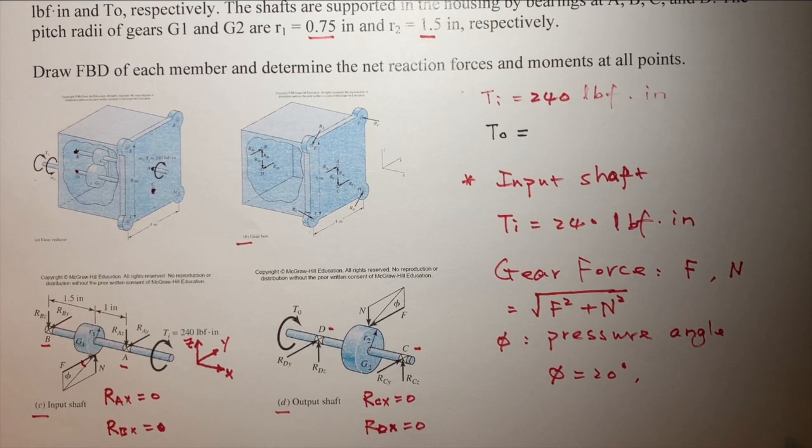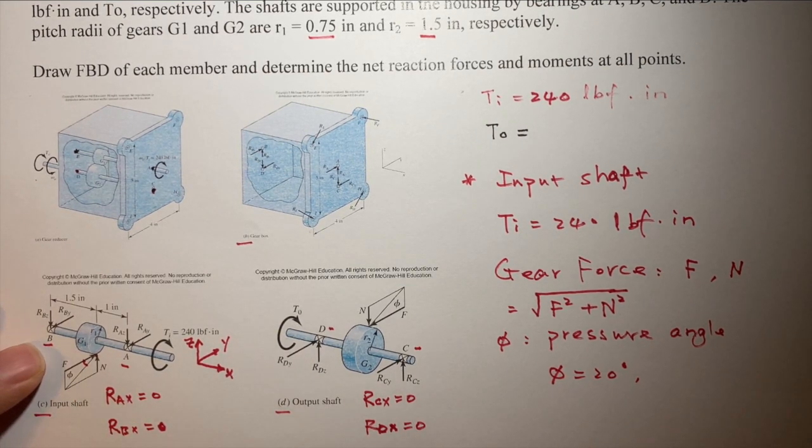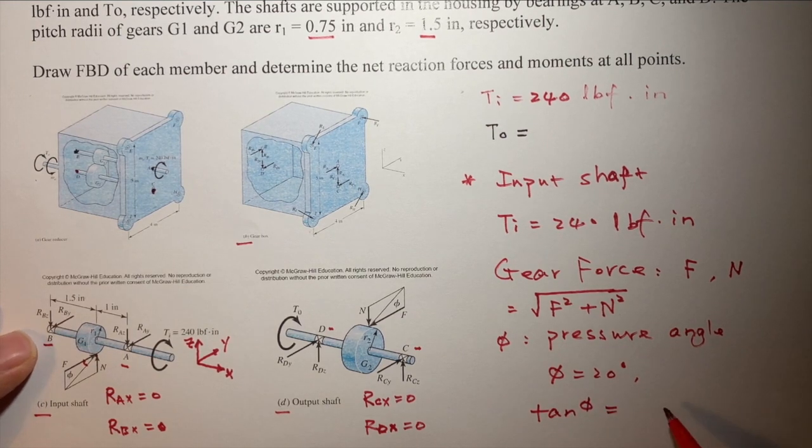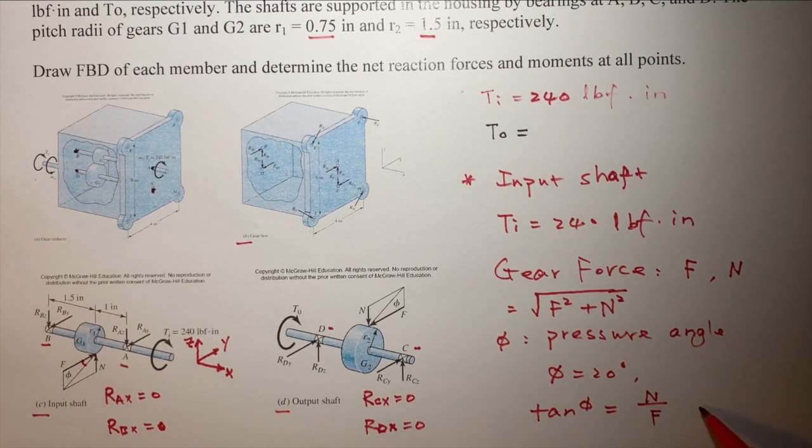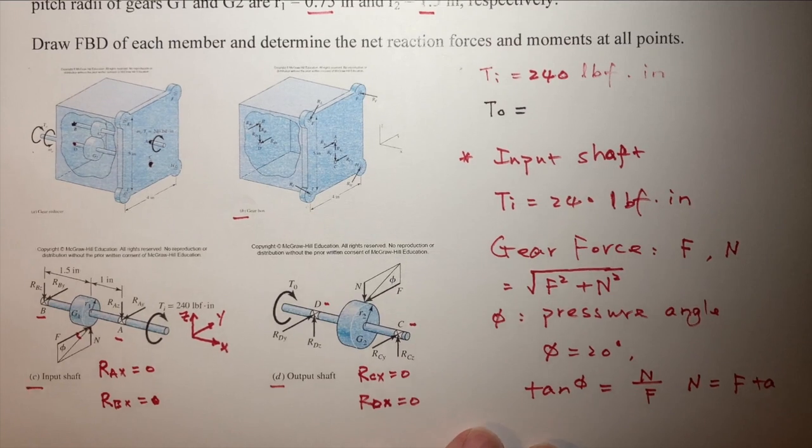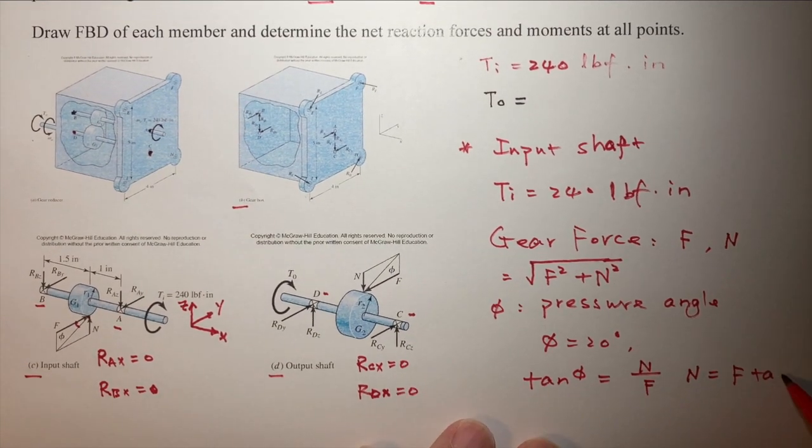So based on the gear force and the pressure angle, we have the relationship: tangent phi equals N over F. Therefore you can find N equals F tangent 20 degrees.